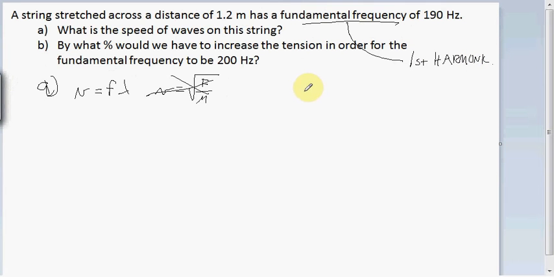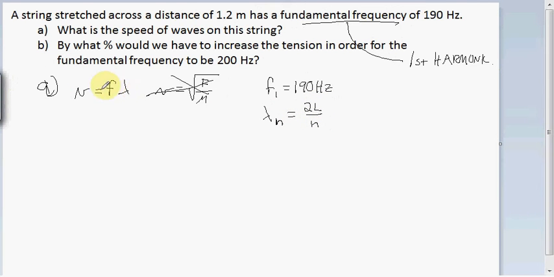So the frequency of the first harmonic is equal to 190 hertz. In general, the wavelength for standing waves on a string is given by lambda_n = 2L/n. This gives you the wavelength of the nth harmonic.